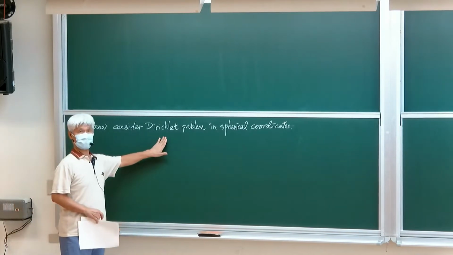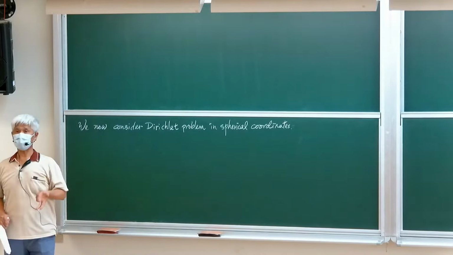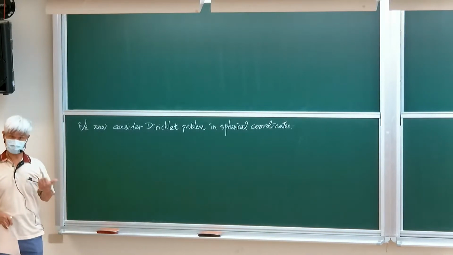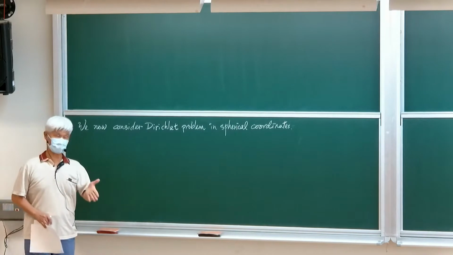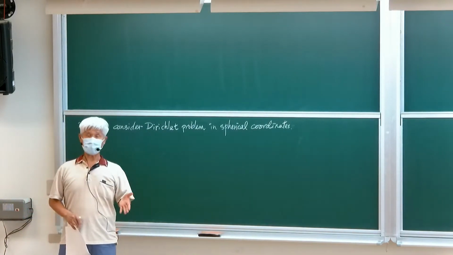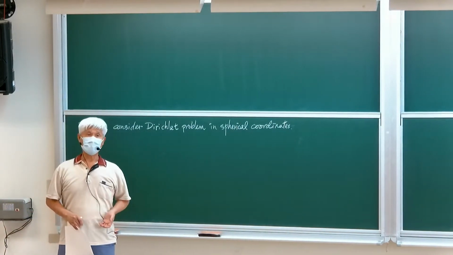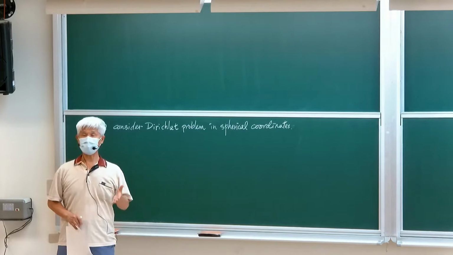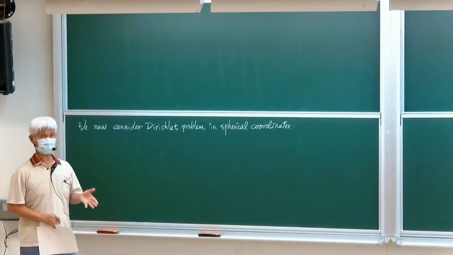As we mentioned before, there are three kinds of boundary value problems, right? One is called the Dirichlet problem, which specifies the boundary condition in terms of the solution of the PDE, the U itself, on the boundary of a region.